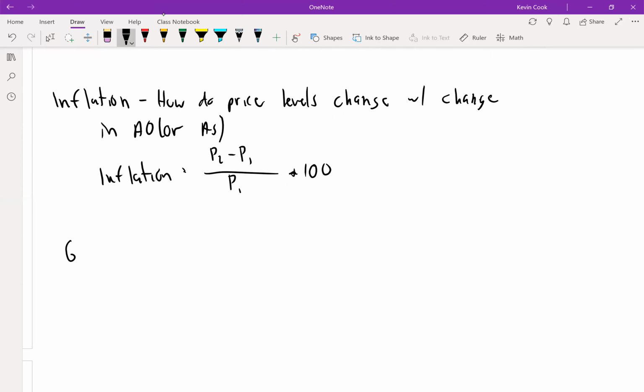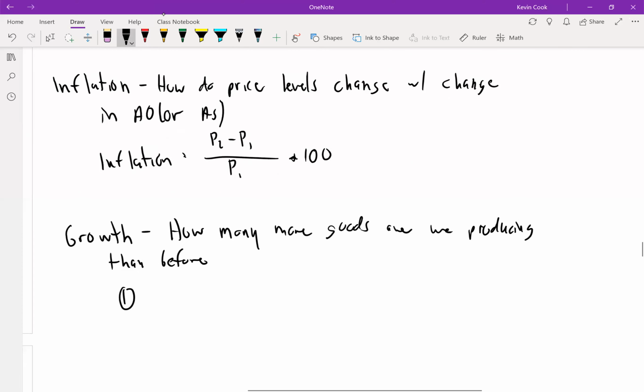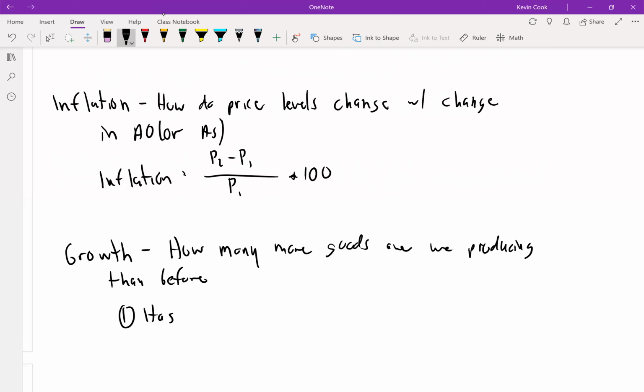And then growth will tell us how many more goods we are producing than before. And this can be measured in two ways. The first way we can think about growth is how has our output changed?